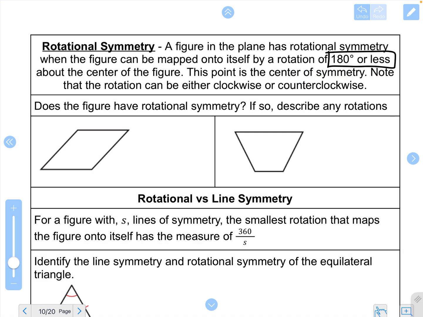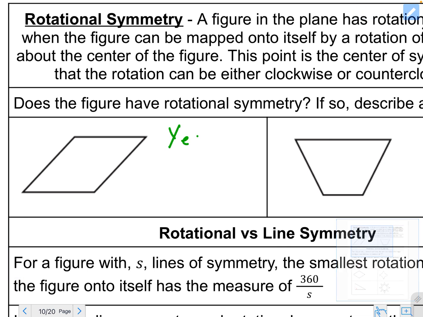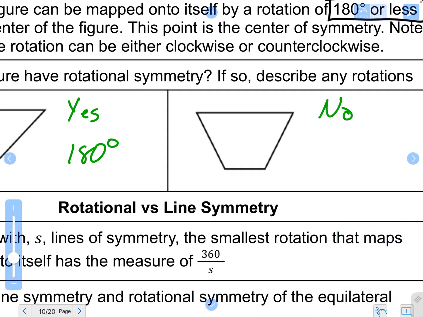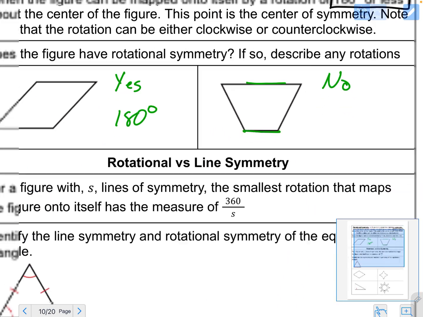So this first figure here, our parallelogram, yes, it has rotational symmetry. If we rotate it 180 degrees, it is going to be the same shape. Our trapezoid does not have rotational symmetry because this line is not the same as that one. So when we flip it 180 degrees, it will not be the same.